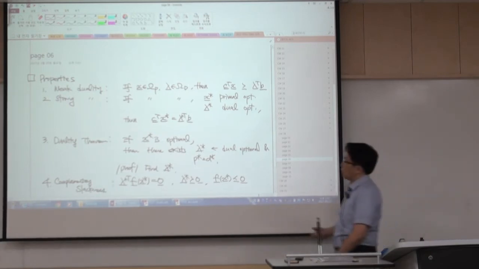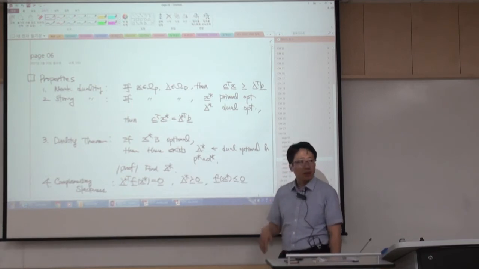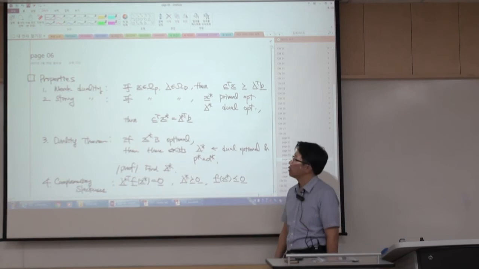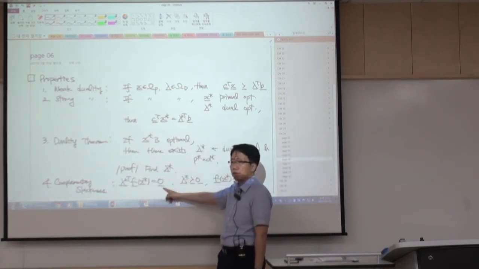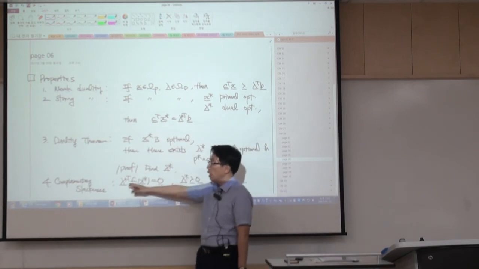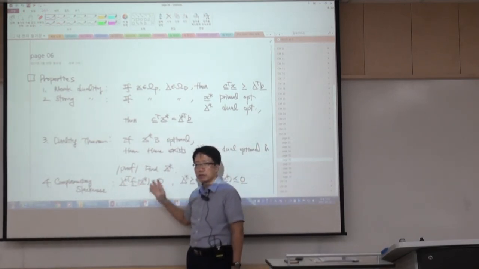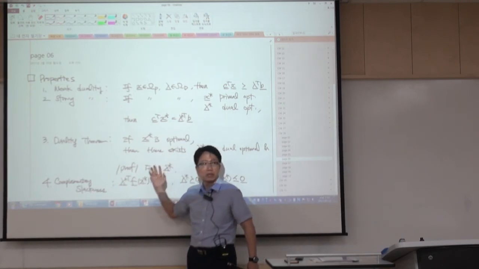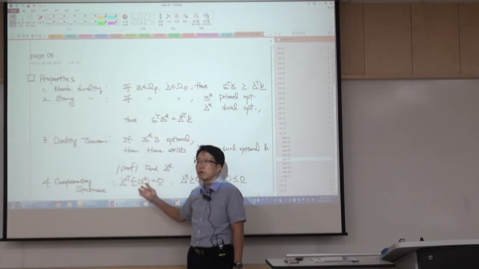But it seems that this is a little bit different. Consider a standard form LP. What is this then? This is simply lambda transpose X equals 0, right? Nothing more than that for the standard form LP.